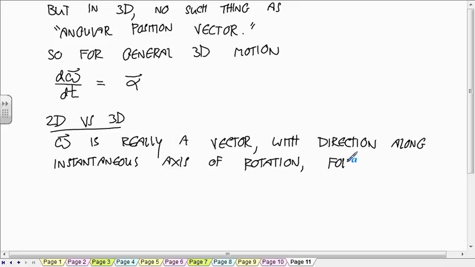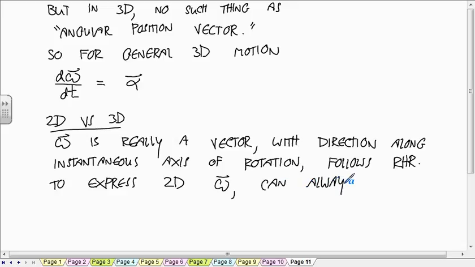And its direction then has to follow the right-hand rule. To express a 2D omega vector, you can always use 0, 0, omega.